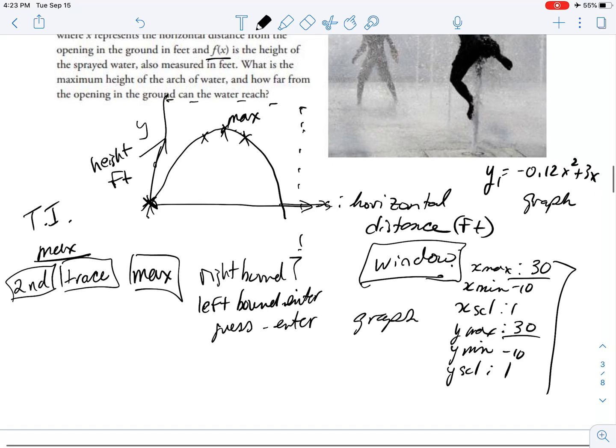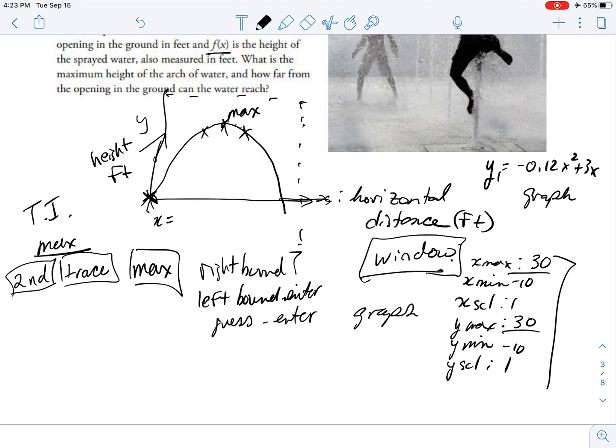And then it should tell me at the bottom of the screen, x equals 12.5 and y equals 18.75. So hopefully you got those. If not, you can have a look at that in class, but that's how I find the maximum.